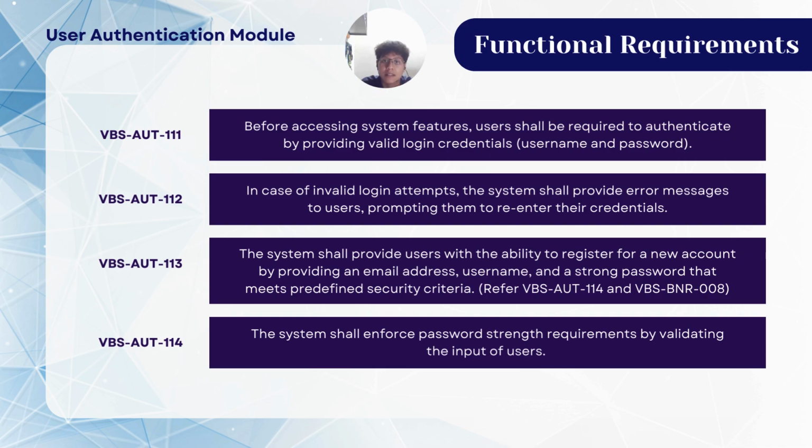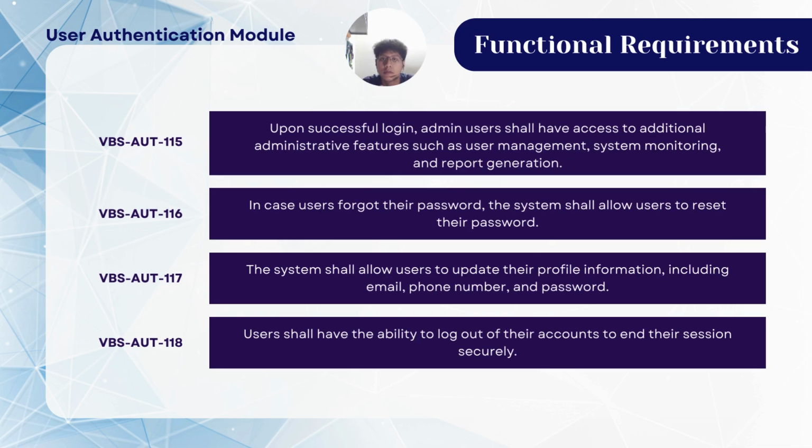And last in this page is the system shall enforce password strength requirements by validating the input of users when registering. So VBS AUT 115 on the other hand says, upon successful login, admin users shall have access to additional administrative features such as user management, system monitoring, and report generation.